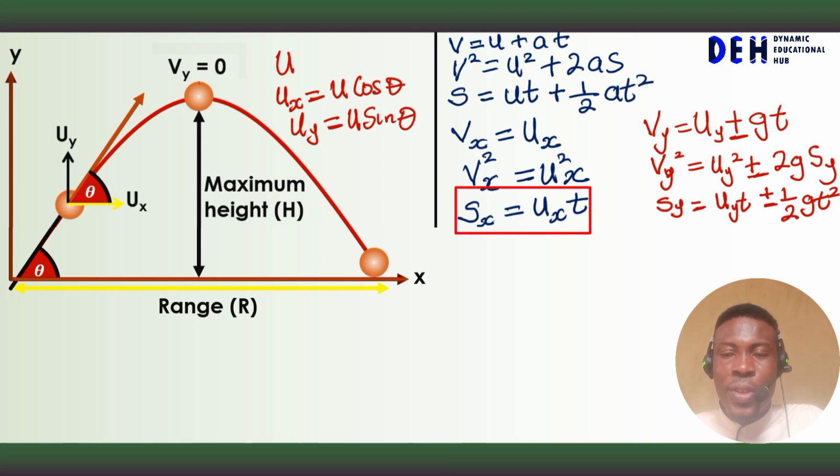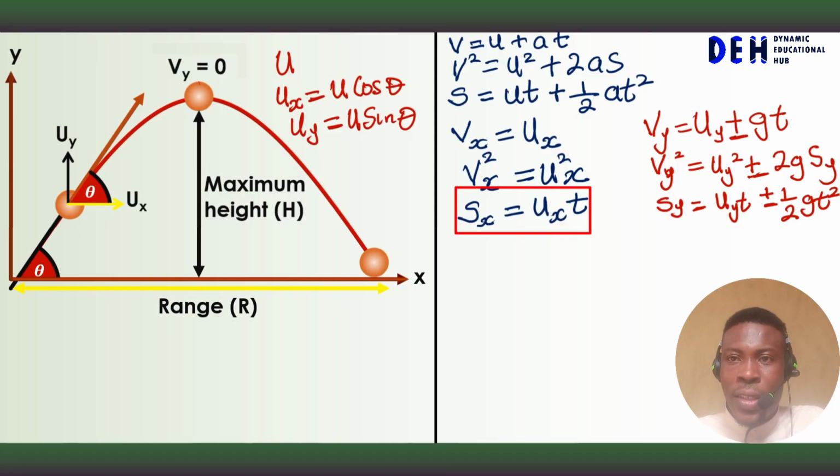To find the maximum horizontal displacement, the time taken to reach it is the time of flight. So the time in this formula will be what? Time of flight. Since we are finding the horizontal displacement, we have Sx is equal to Ux multiplied by T. The T here is the time of flight, capital T.